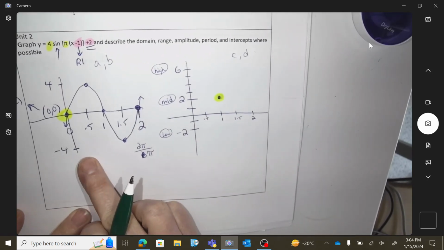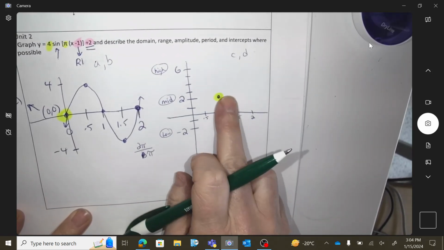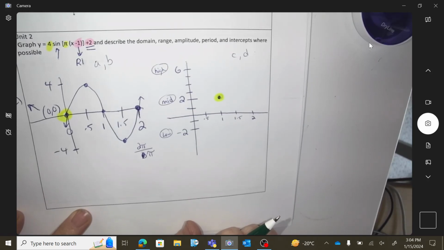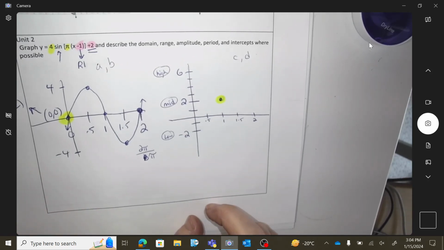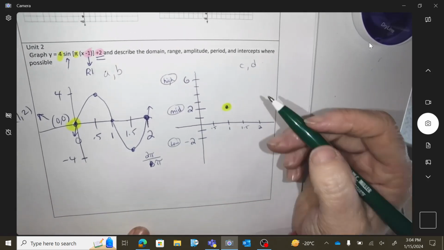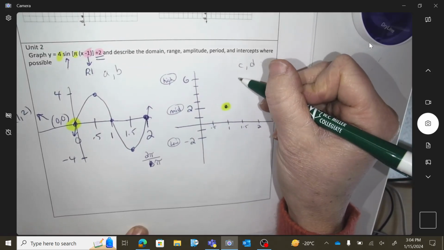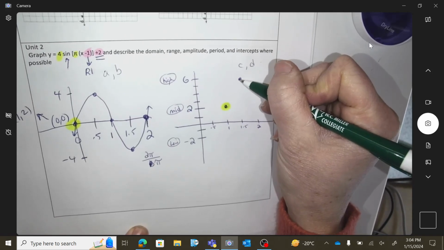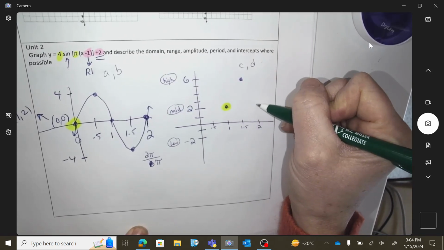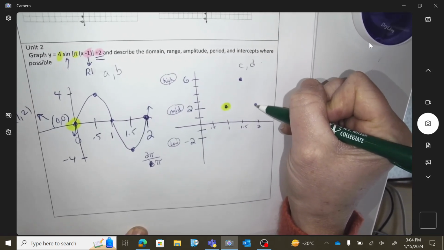Zero, 0 has now shifted 1 right up to, and then you can just pattern it from there. You don't have to go point by point. So if I'm going to move a half, I should go to a top, and at the next a half I should be at a middle.